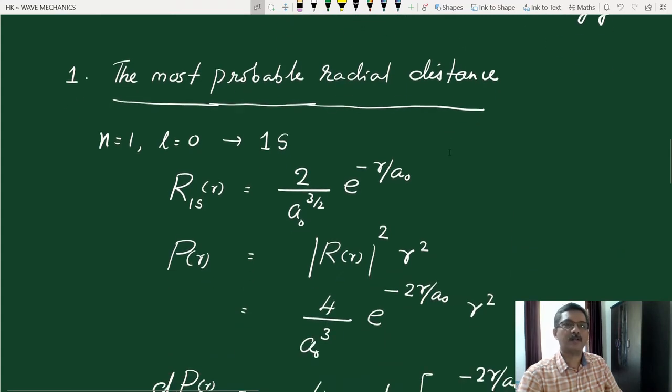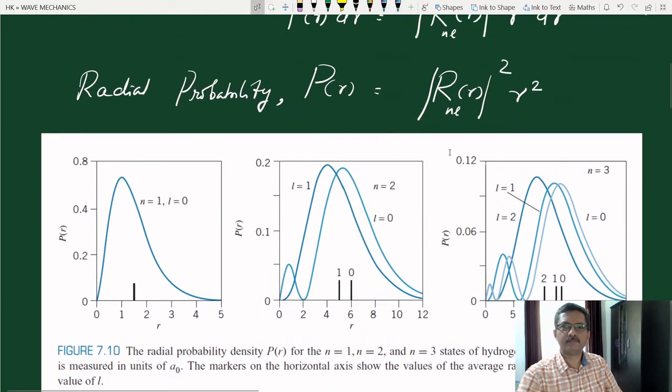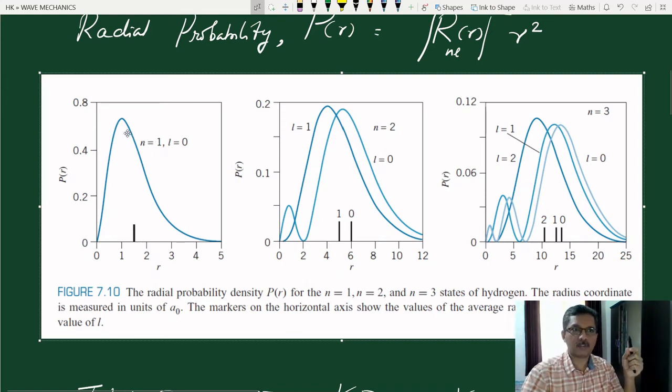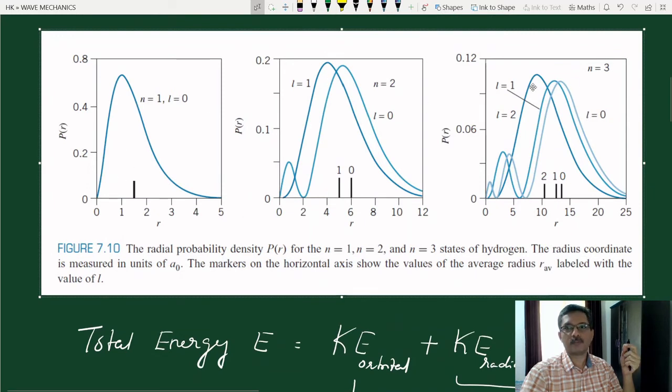So for each n, the state with the highest L value, 1s, 2p, and 3d, has only one antinode, and the radial probability becomes maximum exactly at n square a0, for L equal to n minus 1.